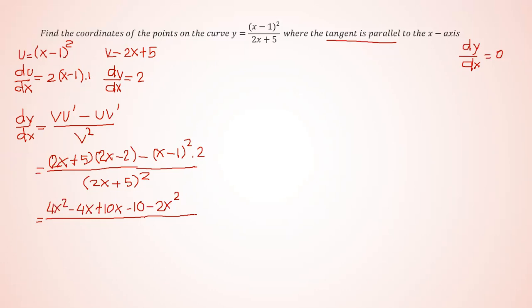Afterwards, 2 times negative 1 times x, negative 2x, negative 2x times negative, positive 2x times 2, 4x, okay, and negative 1 times 2, negative 2. Like this, and it becomes the denominator (x plus 5) squared, like this.